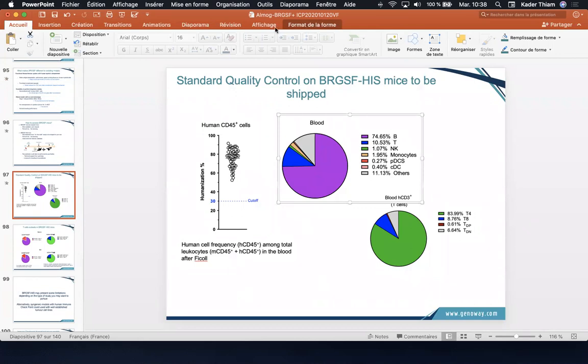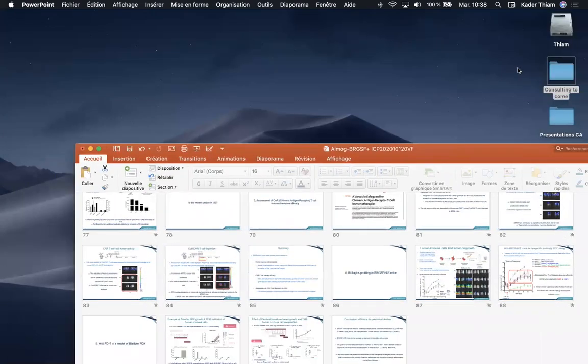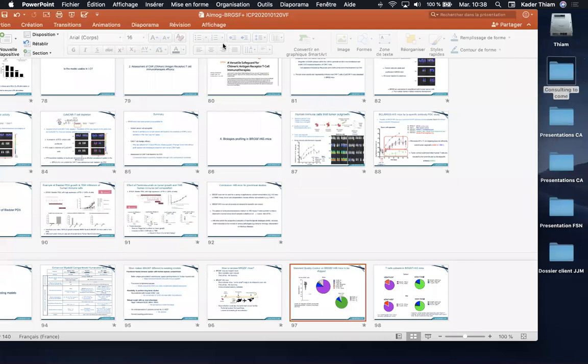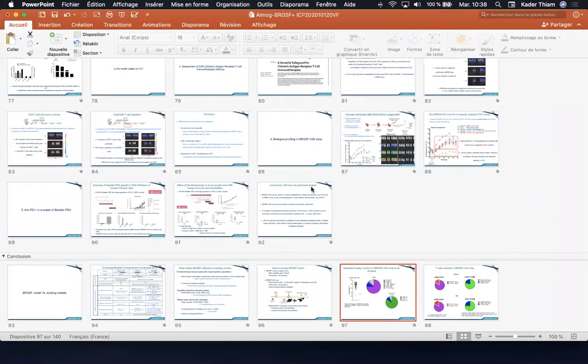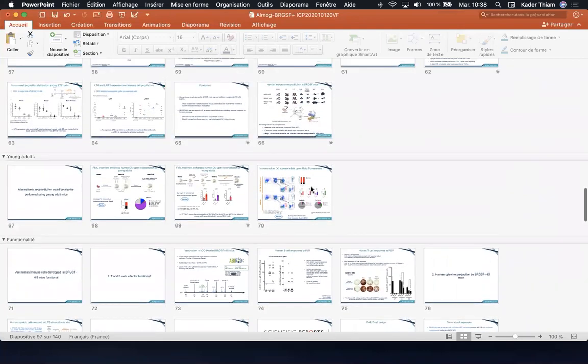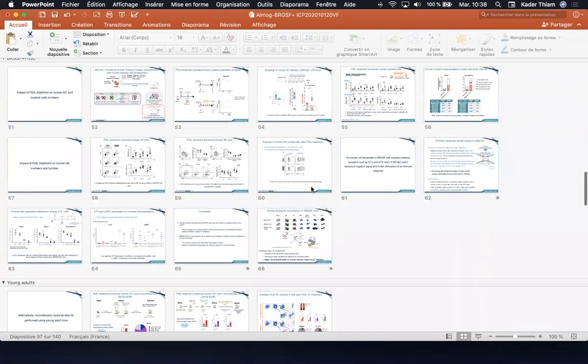I think the second question was about the percentage of neutrophils. The percentage of neutrophils has been studied in this study.